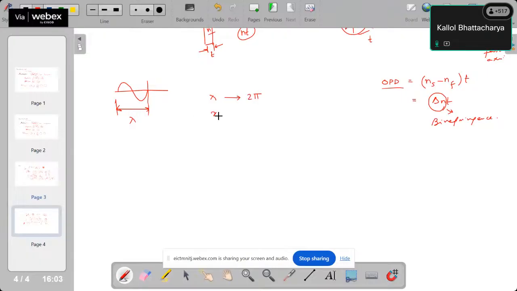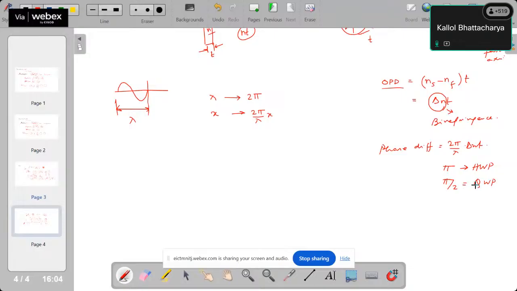Therefore, x optical path difference corresponds to 2 pi by lambda into x phase difference. Therefore, delta n into t optical path difference corresponds to a phase difference given by 2 pi by lambda into delta n into t. So this is the phase difference. If this phase difference is pi, then we say it's a half wave plate. If this phase difference is pi by 2, we say it's a quarter wave plate.